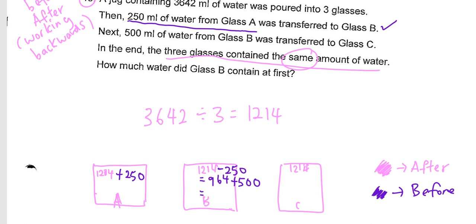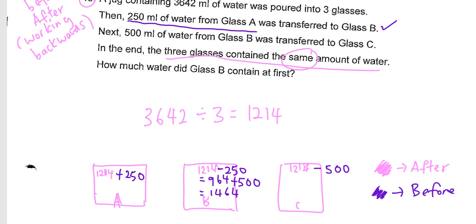So I'm adding the 500 back. And I get 1464. Whereas for C, before it was being transferred, in fact, C had 500 lesser.